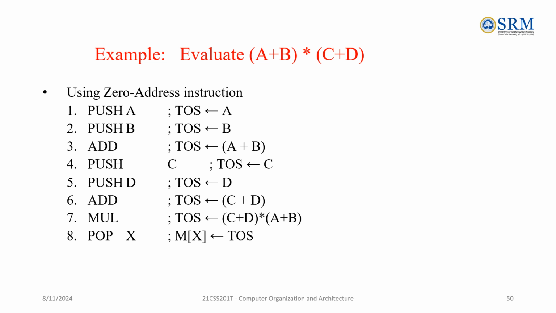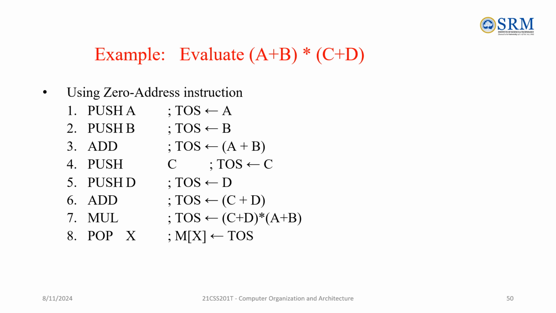For example, I want to evaluate the expression (A + B) * (C + D). Then what I'll do, I'll push A, push B, add, push C, push D, add, mul and pop X. So in the first step, push A takes place, push B takes place, and both A and B are added together.